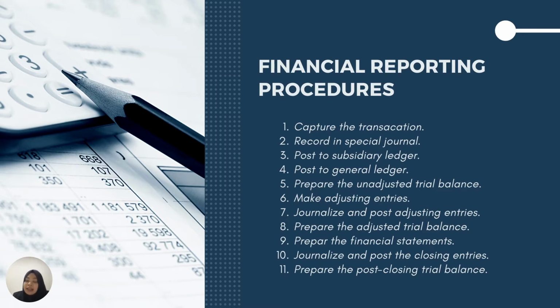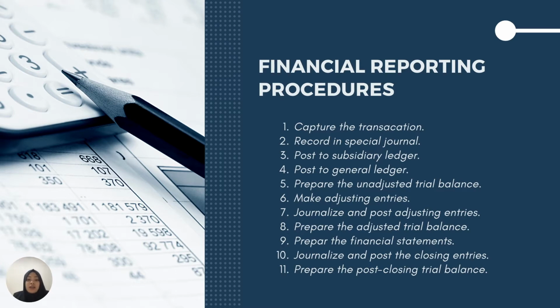The balance sheet, the income statement, and statement of cash flows are prepared using the adjusted trial balance. Next, journalize and post the closing entries. Journal vouchers are prepared for entries that close out the income statement accounts and transfer the income or loss to retained earnings.